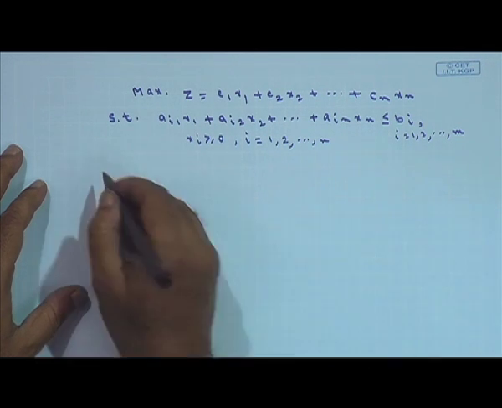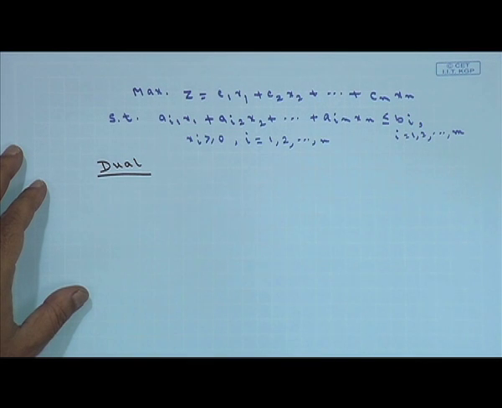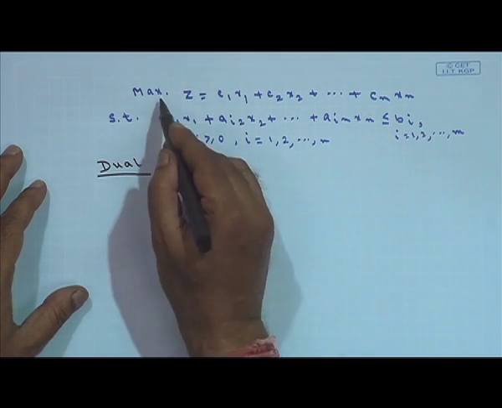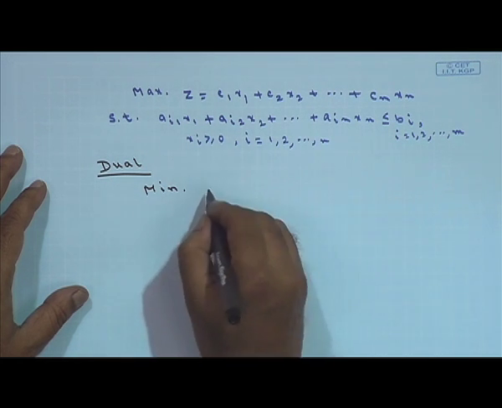So, the corresponding dual of this problem will be, since it is a maximization problem, now a minimization.